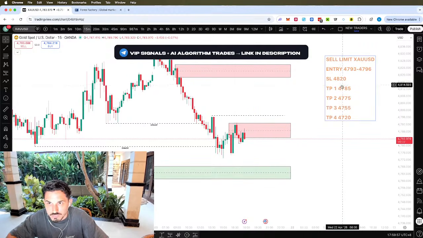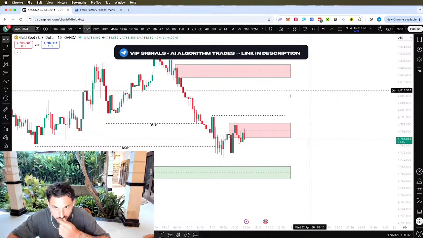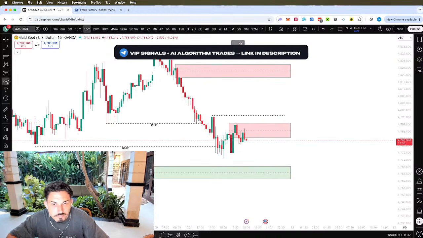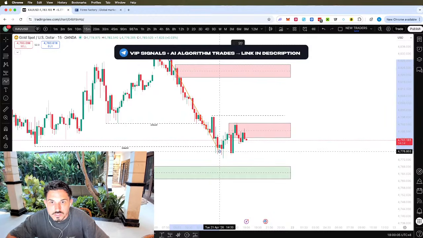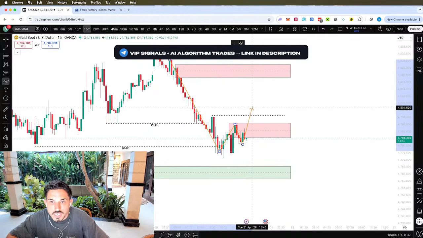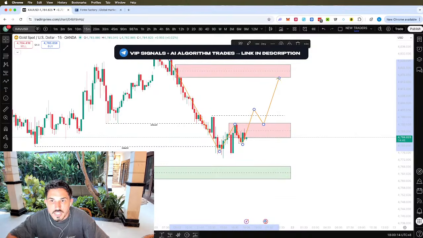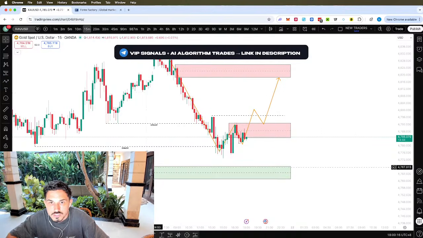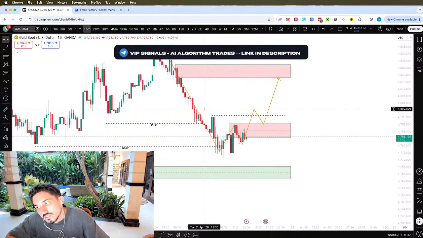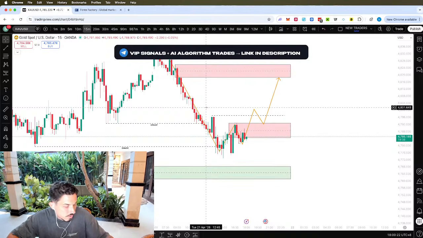You guys see what I'm seeing? Any moment this candle can come up here, retest that and take us into our next supply zone, right? So I'm more cautious.